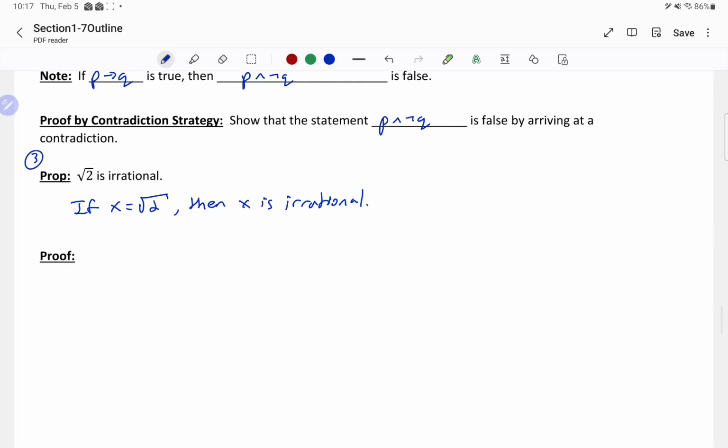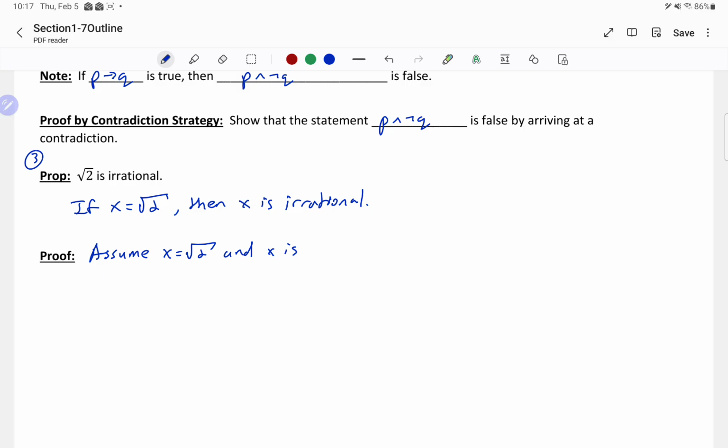All right. So what we'll do is we will assume the premise is true and the conclusion is false. So let's assume x is equal to the square root of 2 and x is not irrational.